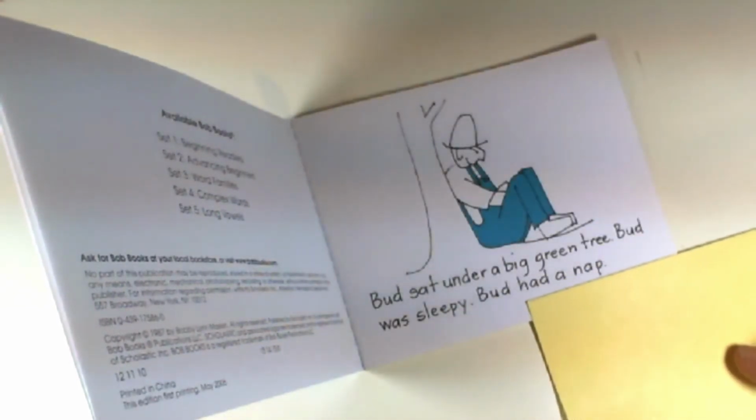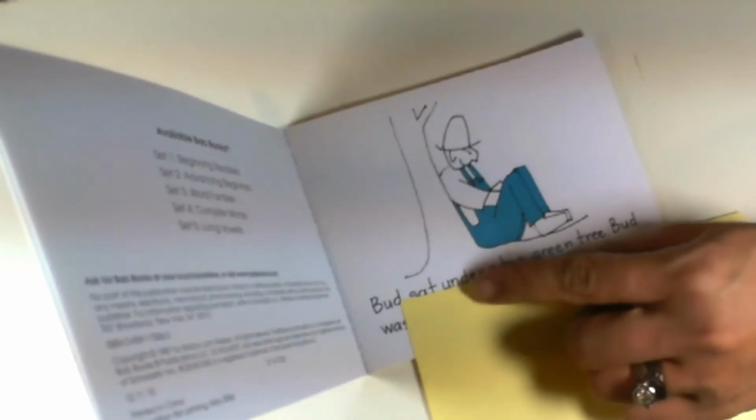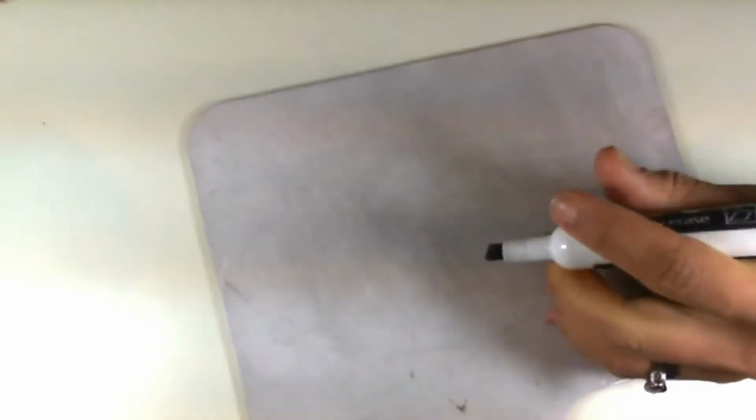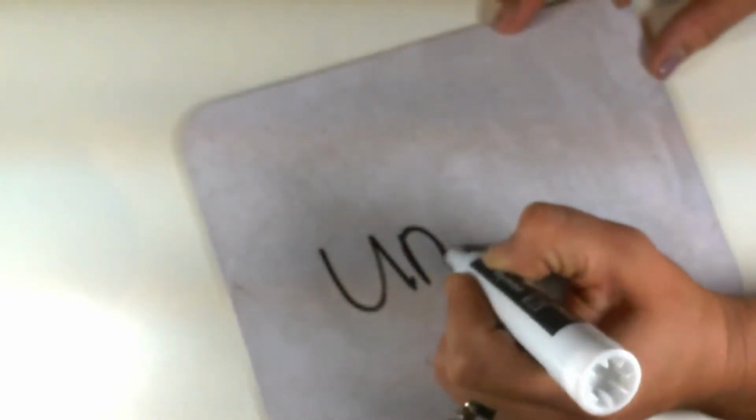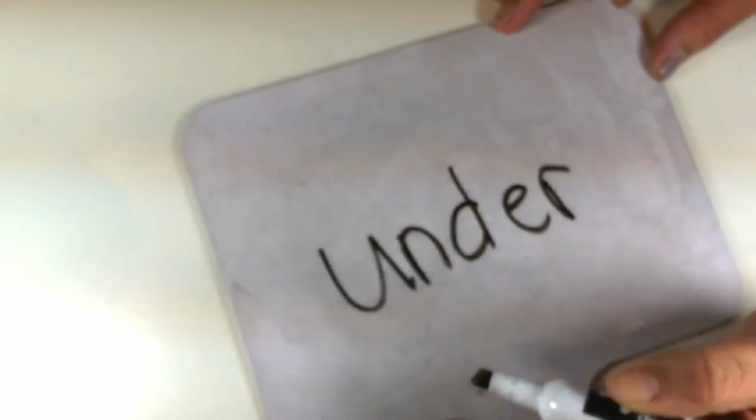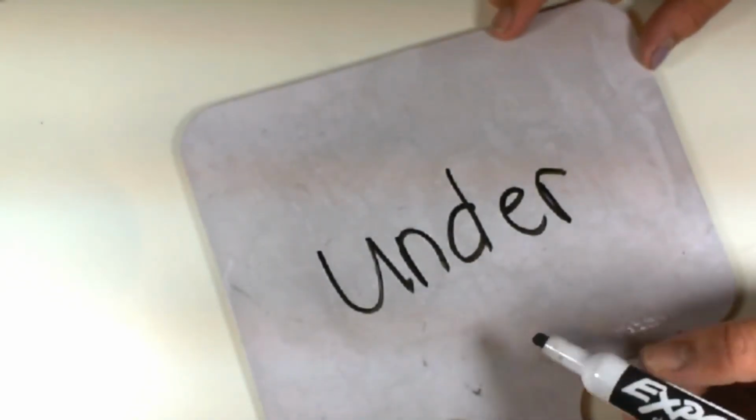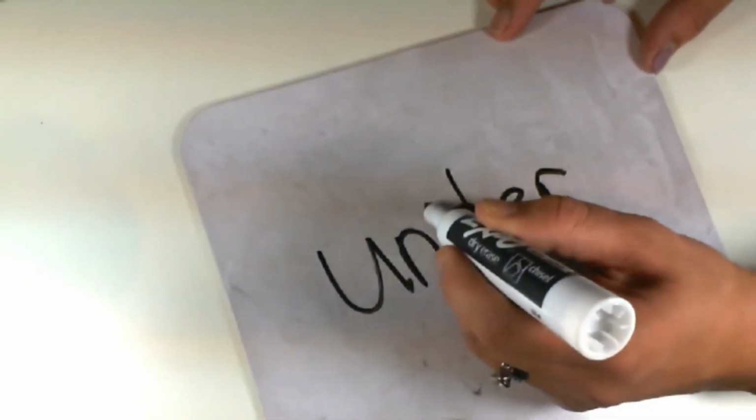Okay, and the last one is find the chunks. I tell my learners that we can find chunks in big words we don't know. So say for example the word under. Under can be a big word for some learners. It can be challenging. So I like to write the word and I like to ask them, okay, what chunks do you know? Well, they might know un.